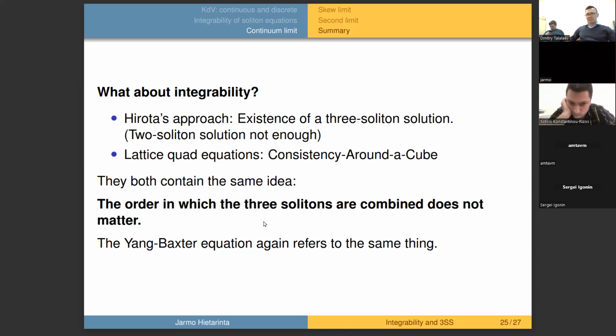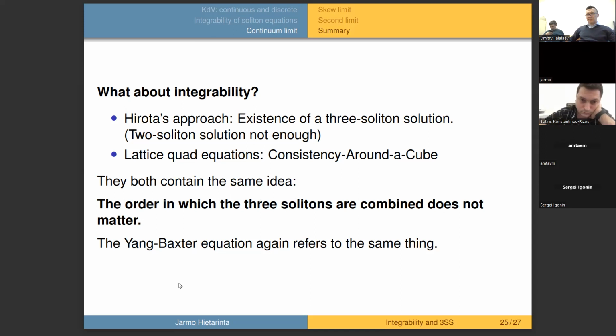So this is, in my opinion, the basic underlying meta level point of these 1+1 dimensional integrable systems.